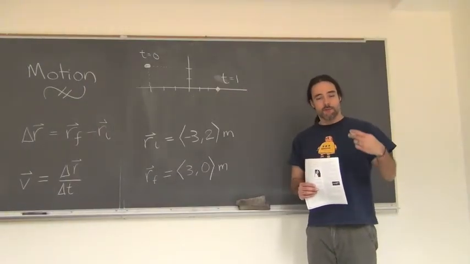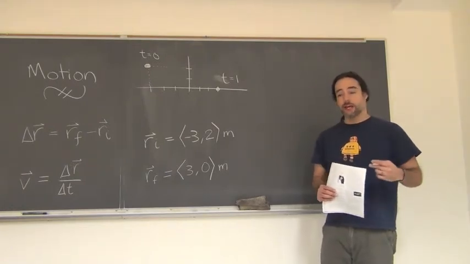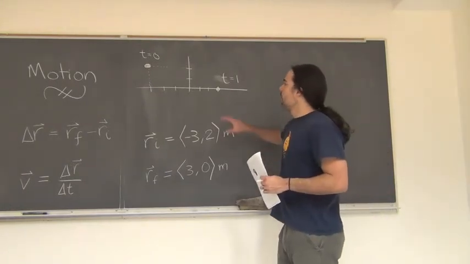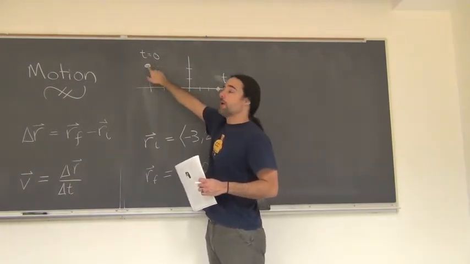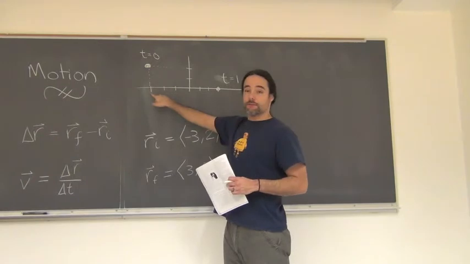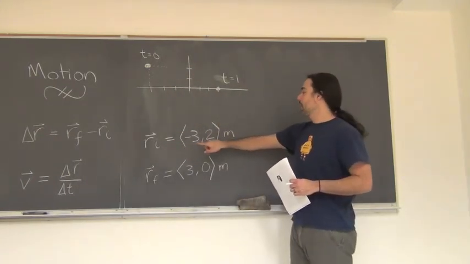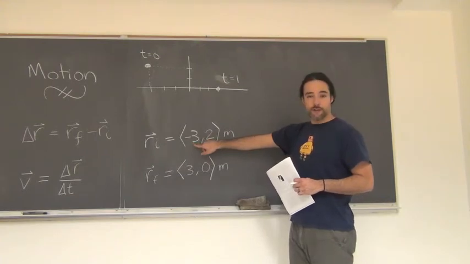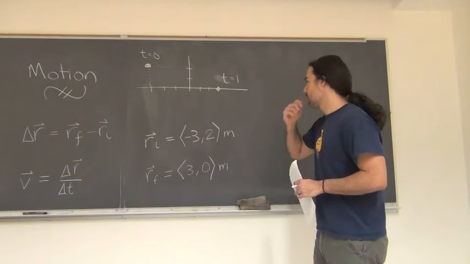Let's take an example of how to compute velocity with vectors rather than scalars. Well, we start here with 2 points at time 0. I am over -3 and up 2. So my vector position, my r initial, is -3 in the x direction and 2 meters in the y direction.